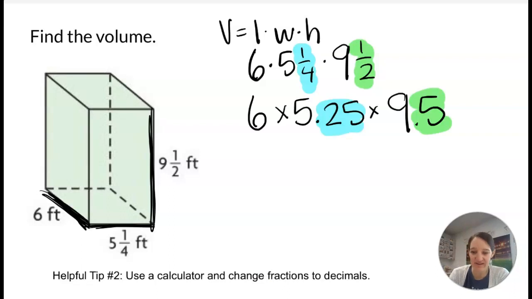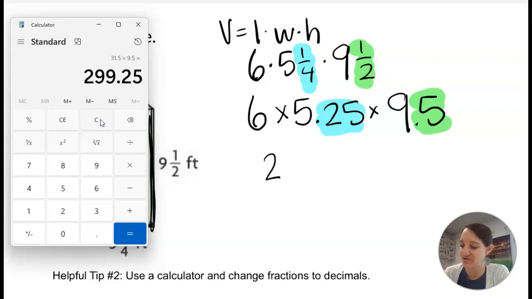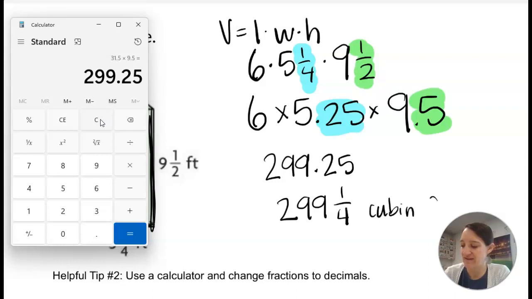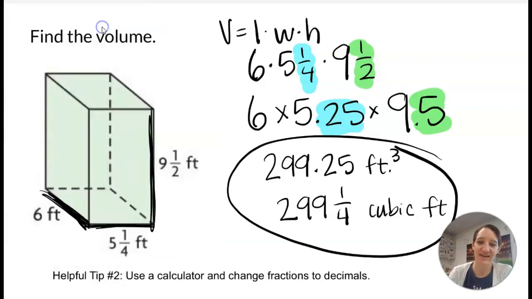Okay, once you plug that into your calculator, 6 times 5.25 times 9.5, you are going to get 299.25, or if you want to put it back as a fraction, 299 and 1/4 cubic feet, or feet cubed. Both of those are the correct answer.